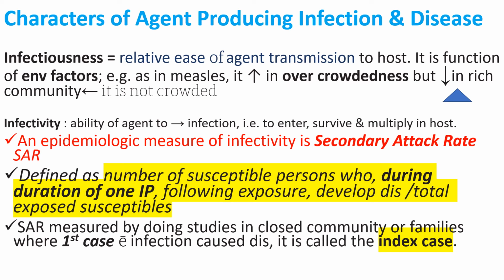An epidemiologic measure of infectivity is secondary attack rate, SAR, defined as number of susceptible persons who, during duration of one incubation period following exposure, develop disease, divided by total exposed susceptibles. SAR is measured by doing studies in close communities or families where the first case with infection caused disease. It is called the index case.